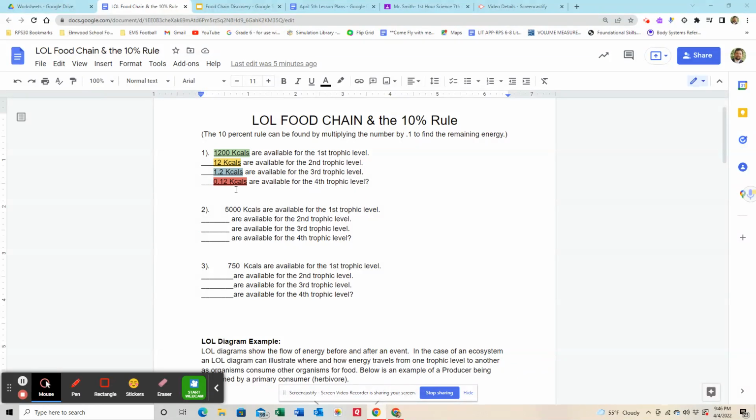So if you want to calculate that, you simply multiply the number that you had previously by 0.1, and that's going to give you the actual number of calories. Now, in an ecosystem, this number would be ginormous because there's so much chemical energy that we use. But this illustration helps us understand with numbers how the 10% rule works.